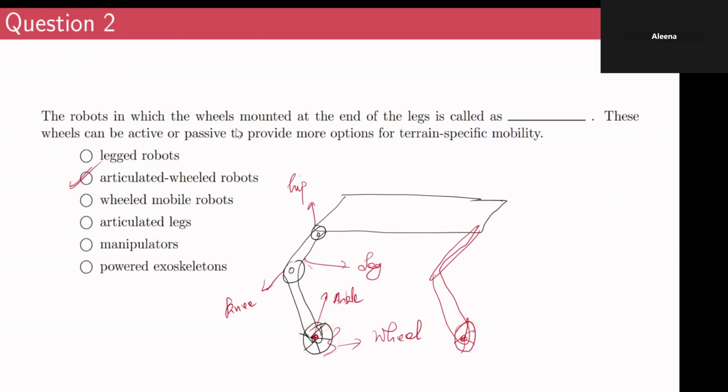And when it encounters some obstacles, these wheels will get locked, and it can use its legs to climb over the obstacles. So it essentially combines the principles of a wheeled robot as well as a legged robot, right? So if you have a leg, and at the tip of the leg you have wheels, you call this an articulated wheeled robot, right? So it's actually wheeled plus legged locomotion.